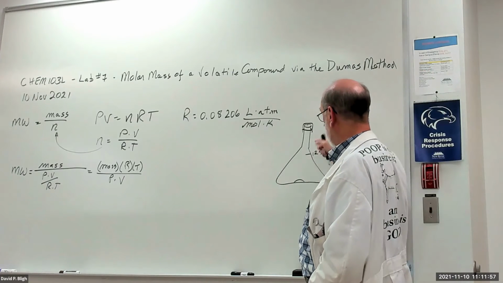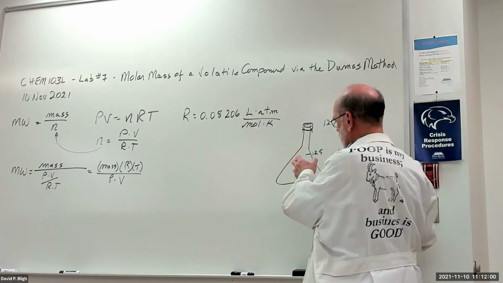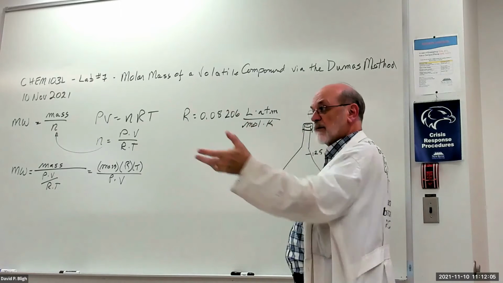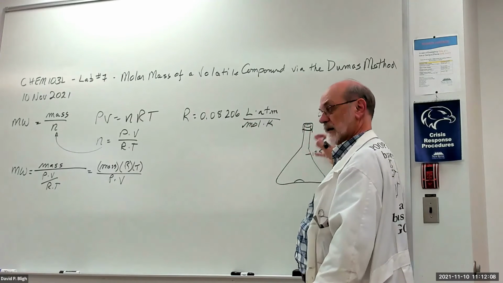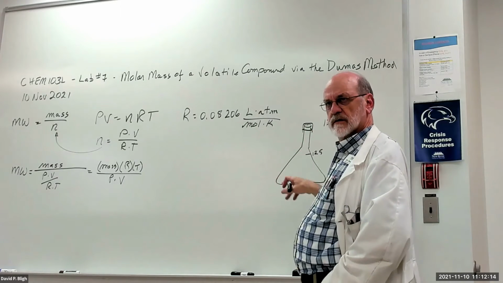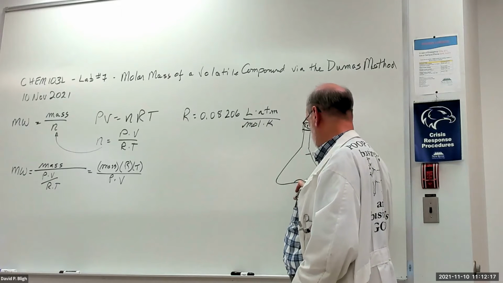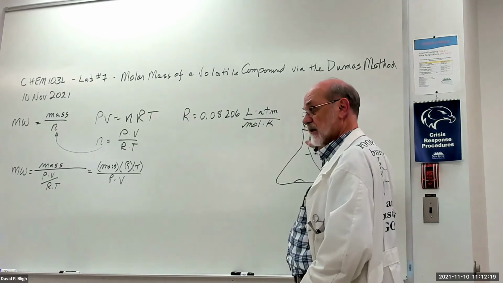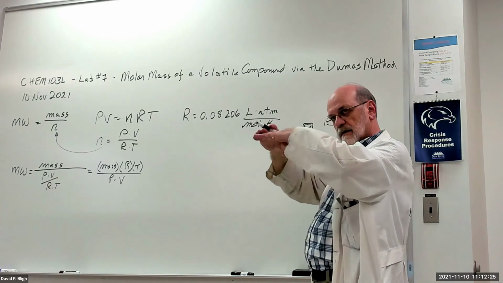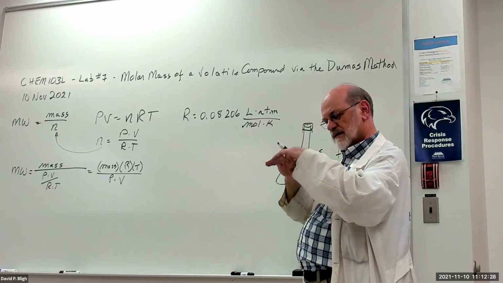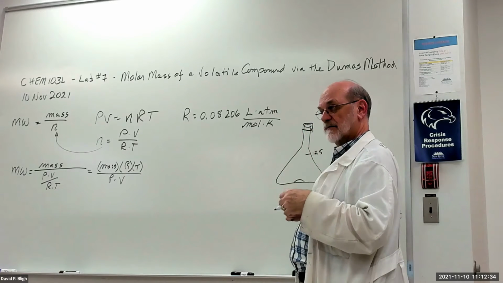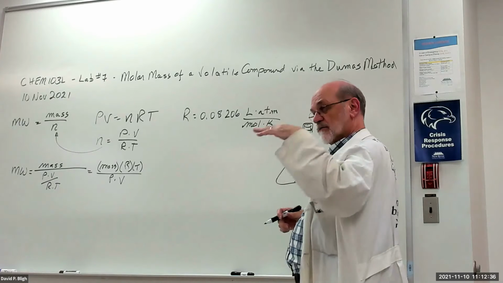So you would take this and that and that and put them separately on the balance and get the tare weight. Then when you put 3 milliliters of your compound in here, you put this cap on there and tighten it up real good and bring that aluminum foil right down to the top and try not to push it in. Try to make it flat across there. So when we go to find volume, I'll tell you in a minute, then you know where that aluminum foil was sitting.